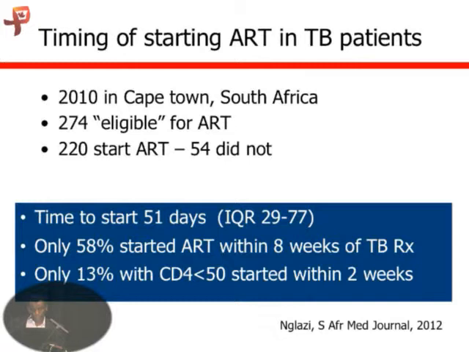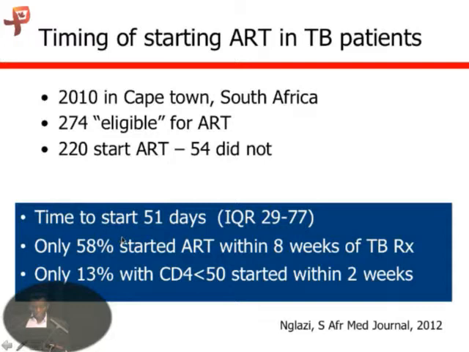in 2012 from South Africa, which looked into the timing of initiating ART in 274 eligible people living with HIV, where only 58% were started within the first 8 weeks, according to the WHO recommendation.